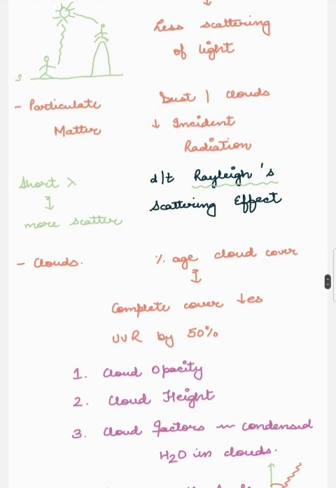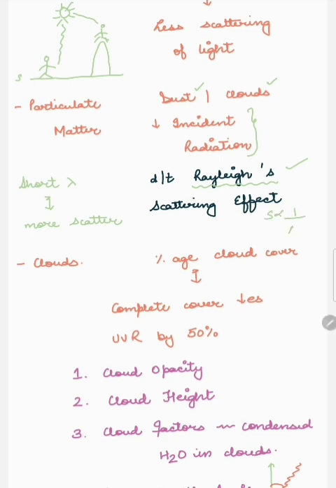Then we have some particulate matter which is present in the atmosphere, like dust, clouds. So obviously that will also decrease the incident radiation. Now this is due to the Rayleigh's scattering effect. So Rayleigh's scattering effect says that the amount of scattering of the light is inversely proportional to the fourth power of wavelength.